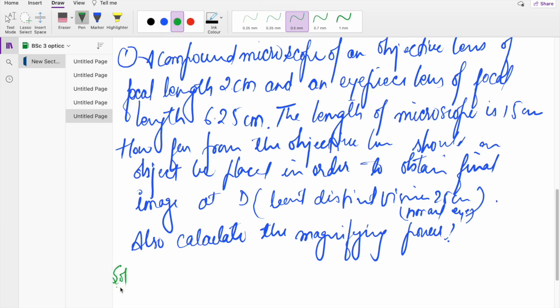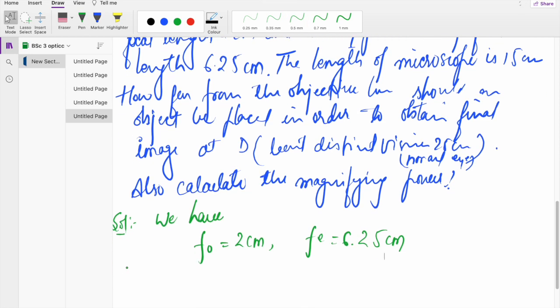If we solve this, firstly write what is given in the question. An objective lens of focal length 2 centimeter and an eyepiece lens of focal length 6.25 centimeter. The length of the microscope is denoted by small l, which is given as 15 centimeter.